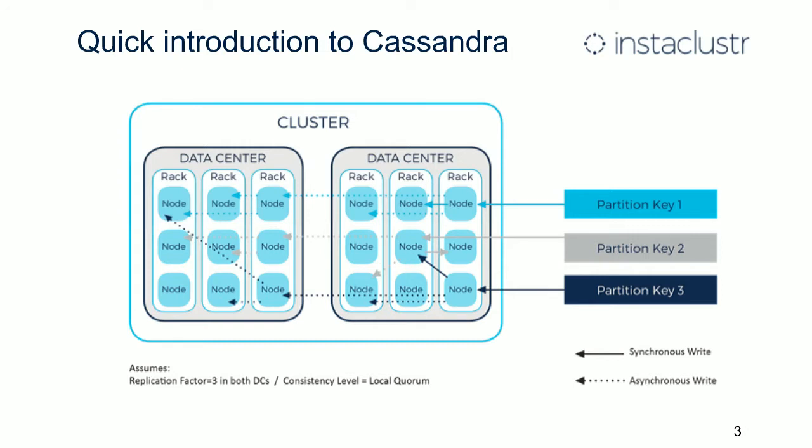So just some of the constructs that we talk about in Cassandra. A cluster is the highest level of all of the nodes working together as a single logical database. Within that cluster, we have data centers. Data centers, I'm sure, originally were designed to map to physical data centers, and often still do, in order to provide disaster recovery type capabilities.